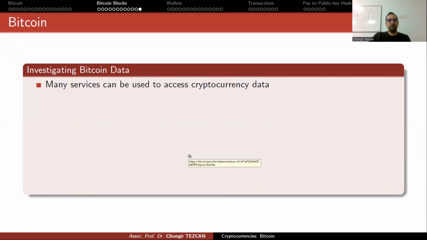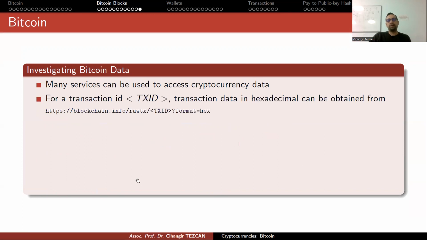So investigating Bitcoin data. This is very important for forensics people. So you have to understand what a blockchain block consists of and how you can interpret it. Many services can be used to access cryptocurrency data. So if you are not keeping a copy of the blockchain by yourself, you can simply visit a web page like blockchain.info.